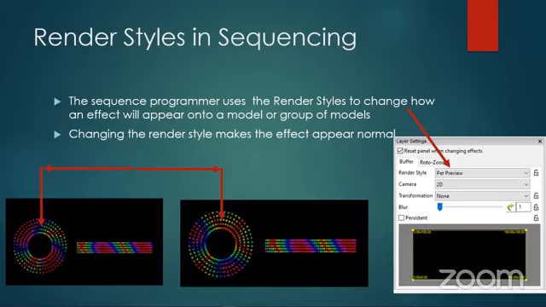So changing the render style makes the effect appear much more normal whenever you go to, in this instance, per preview. But also, as a sequence programmer, we use these render styles to change these things. And so when you map a sequence in, let's say it's from a purchased sequence or somebody else's sequence, those render styles possibly have been changed, edited, altered, or otherwise fixed so that they appear a certain way.